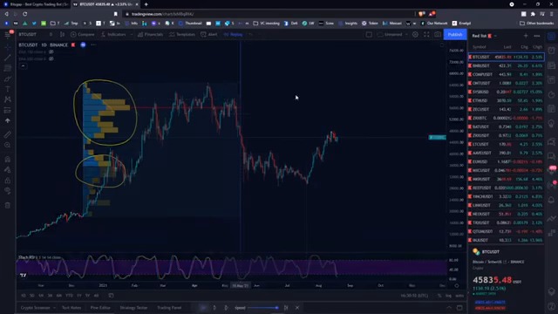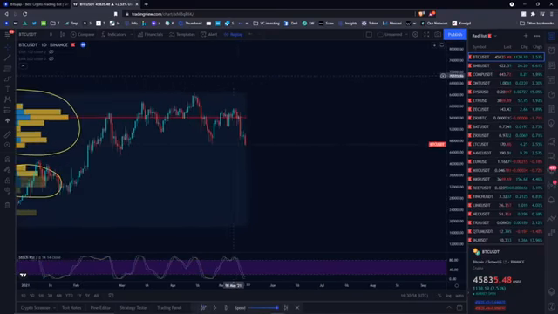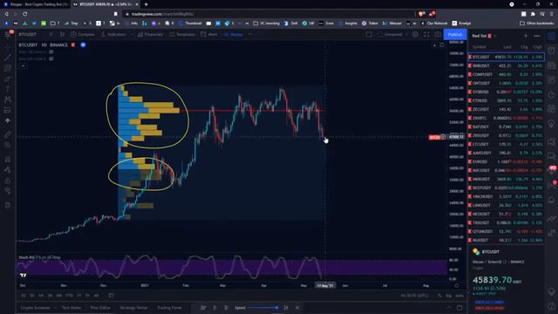Let's say over here. That was back when the price started to fall in May 2021. This is how the volume profile looked. The price went below the point where we had the most volume traded, and usually that's a bad signal. If we are below the most volume traded, that's a bearish signal.